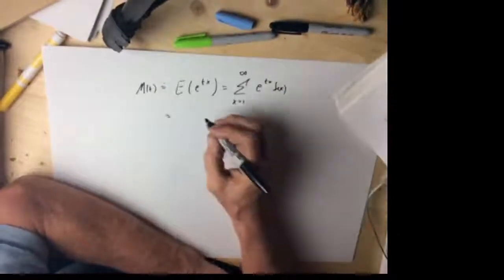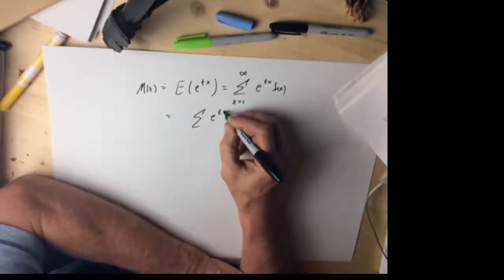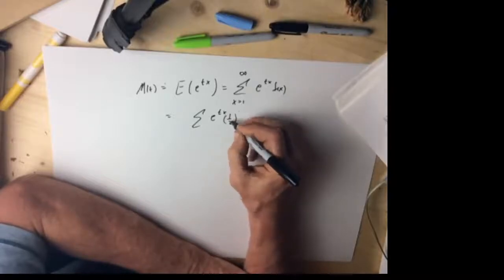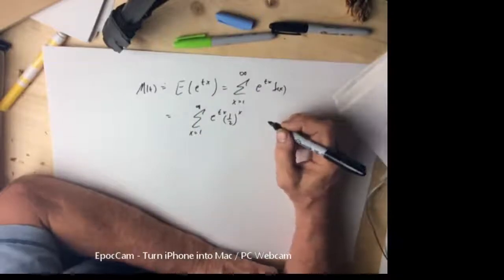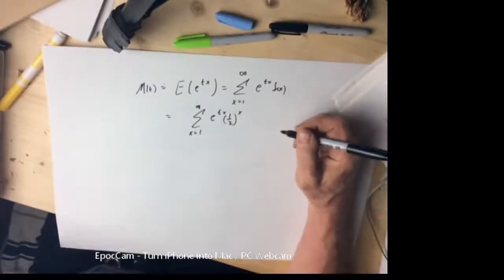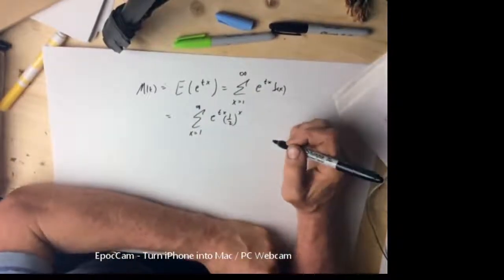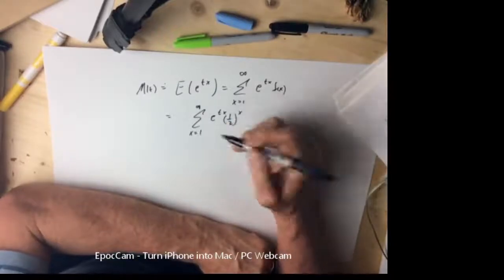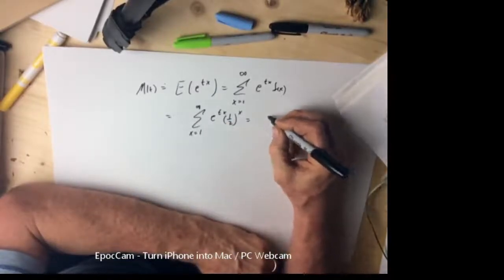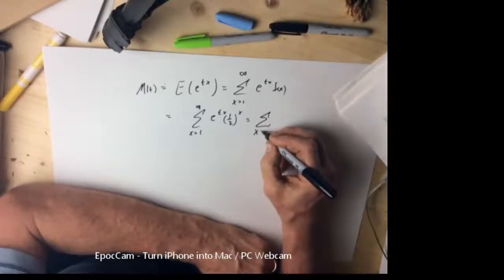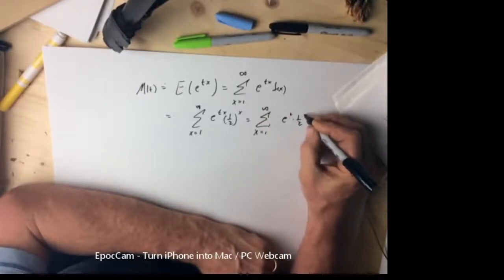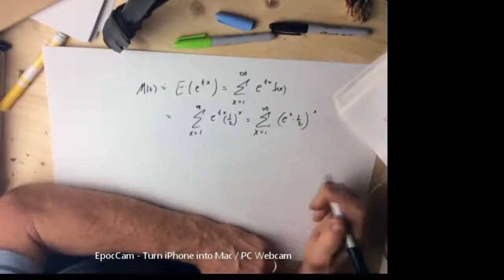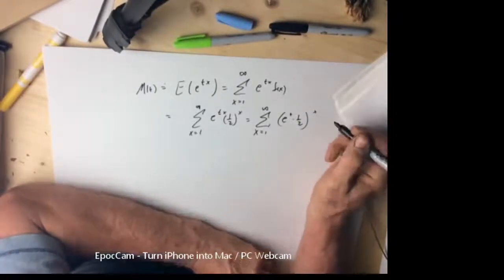But our f of x that we were just looking at is 1/2 to the x, so we have e to the tx times 1/2 to the x, x equals 1 to infinity. Now, how should I add this thing up? Well, the answer is it's not really hard to add up. X is the variable that's changing, so I'm just going to do a little algebra on the inside. Observe that powers distribute.